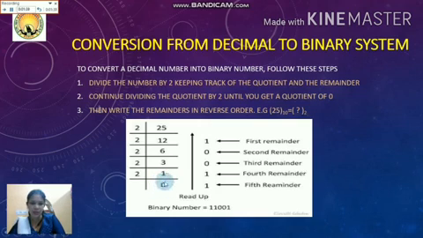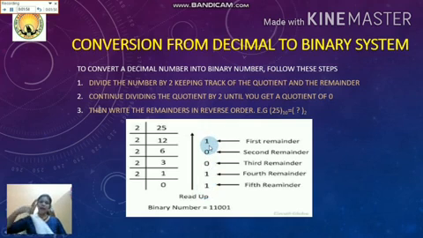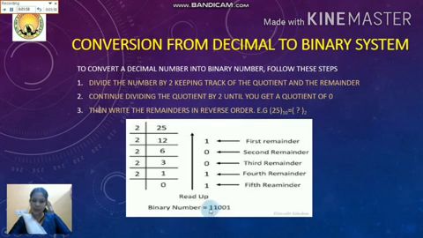Here 0 is available, so we stop. Now we start writing from the bottom, the last remainder you got. So we write 1, 1, 0, 0, 1. The equivalent binary number becomes 11001. This is how we convert decimal to binary.